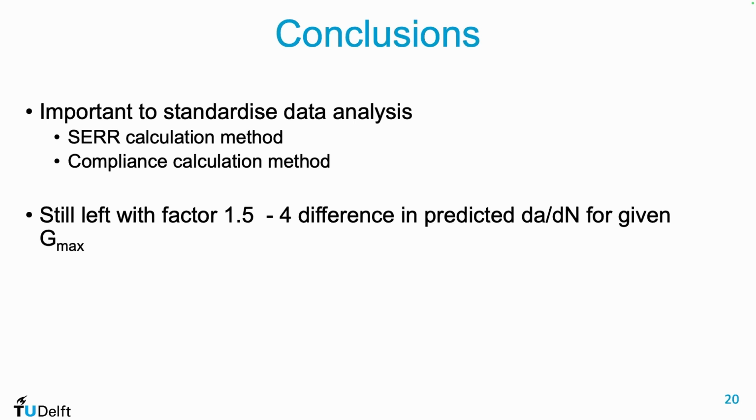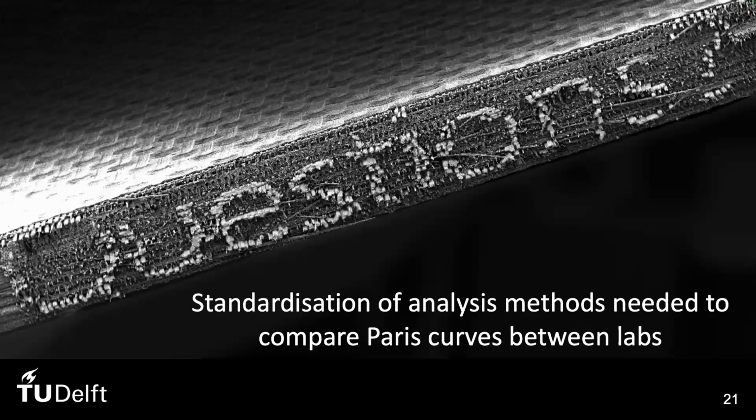And even if you do standardize everything, we're still left with a factor 1.5 to 4 difference between labs in the predicted crack growth rates for a given Gmax value. So all in all, I think as a community, if we want to be able to compare results between labs, between different papers, we really need to come together and specify some best practices or standards, not just for how we do the test, but also for how we do the analysis.